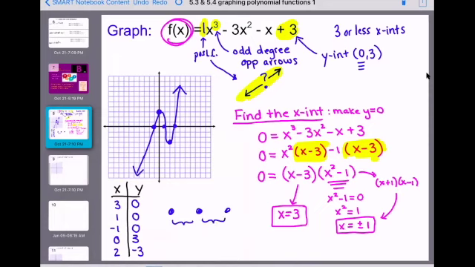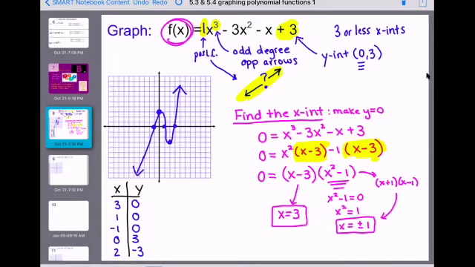So this graph needed 5 points. If we had another x-intercept, you would need an additional x-intercept and then an additional point in between those 2 x-intercepts. So you would need 7. So each question, how many points are needed will change based on how many x-intercepts you have. Okay, thank you. You're welcome.